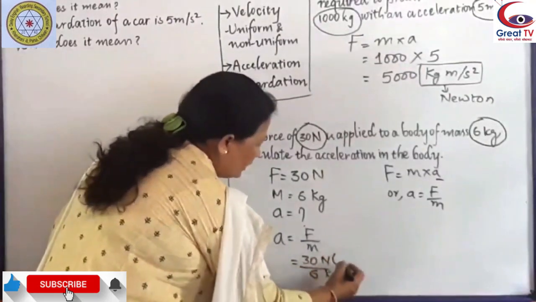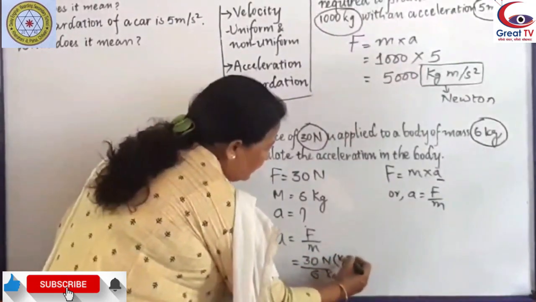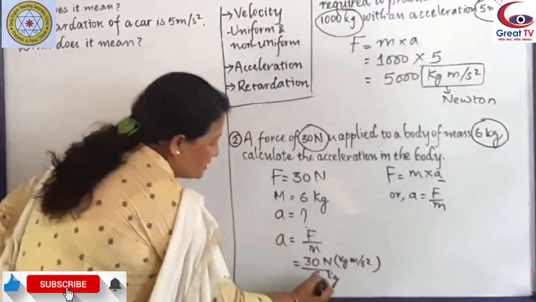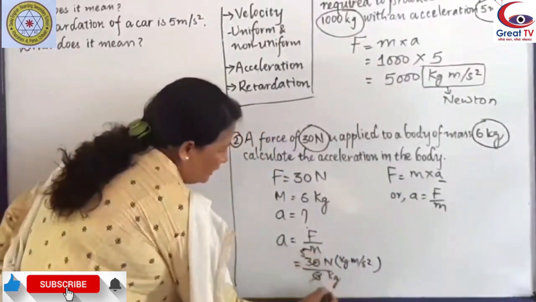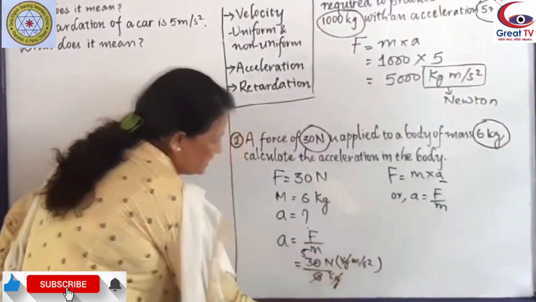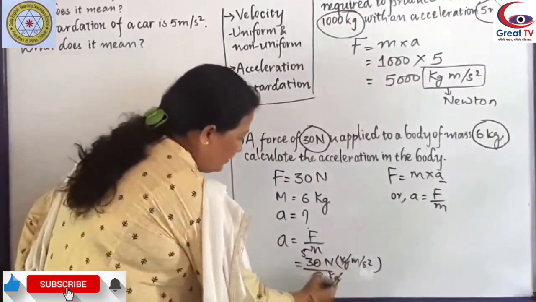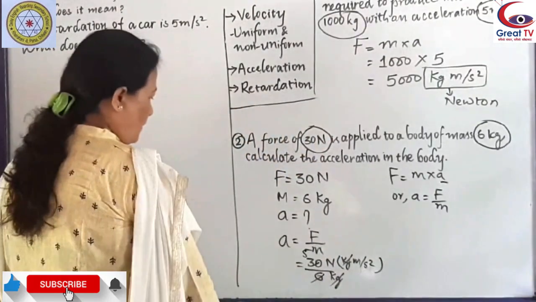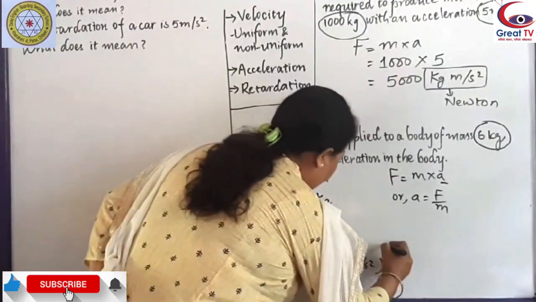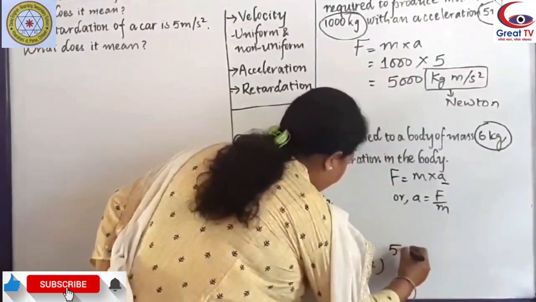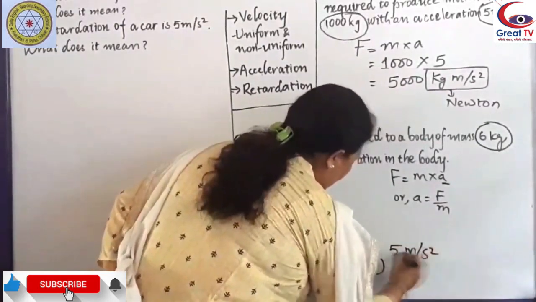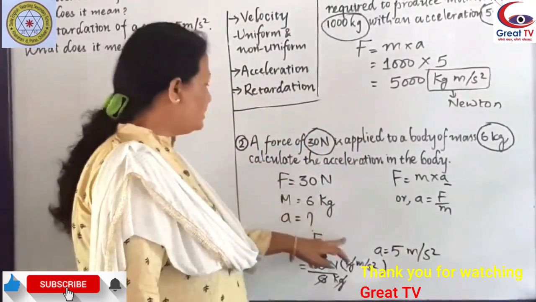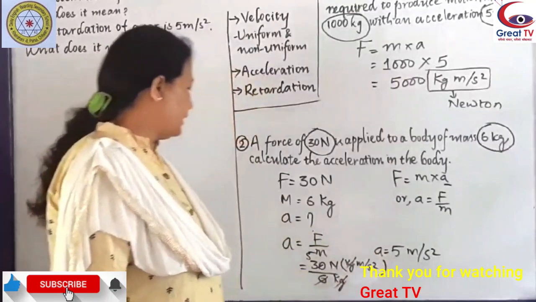In place of Newton, we can write kg meter per second square. 6 5s are 30 and kg cancel. So we have 5 meter per second square. The acceleration of the body is 5 meter per second square.